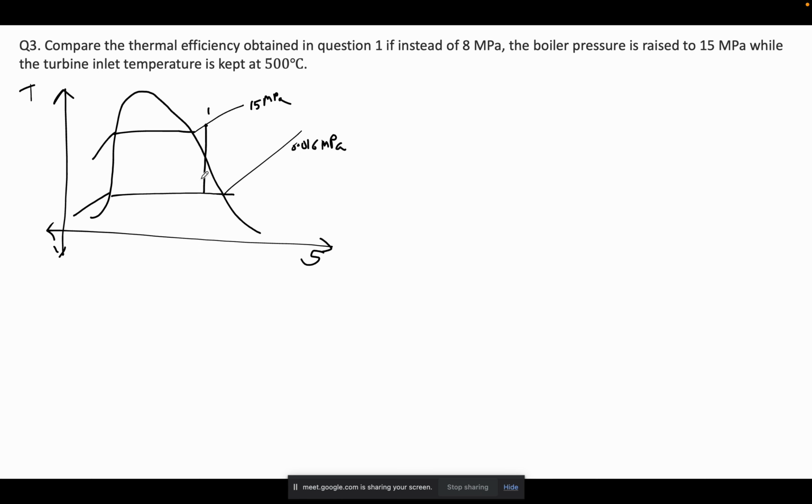From state 1 to state 2 it went. Okay, from 2 to 3 it is in the liquid state, and then from 3 to 4 it went there. Clear? Once again we have to calculate all the enthalpy values. Okay, so that means from the steam table at 15 megapascal and 500 degrees Celsius, we have to look at the steam table.